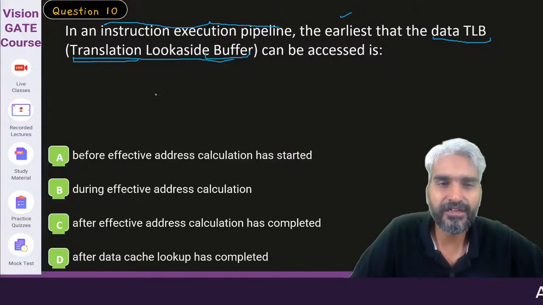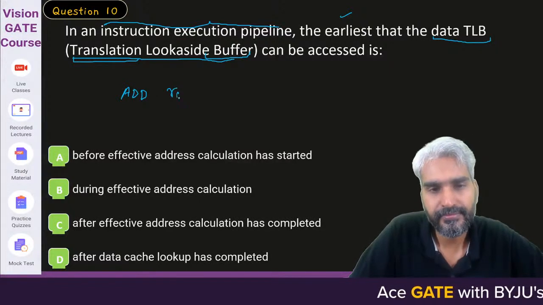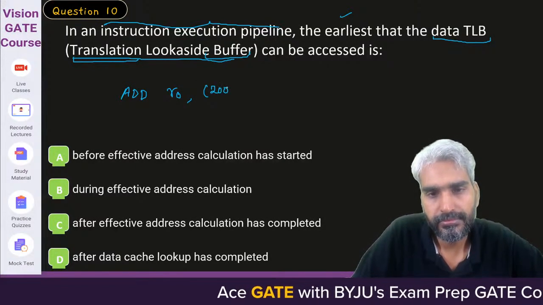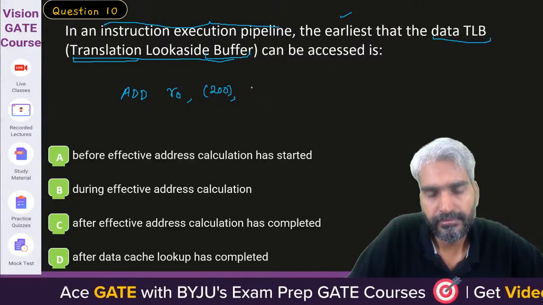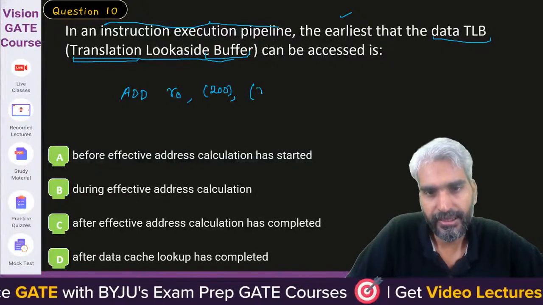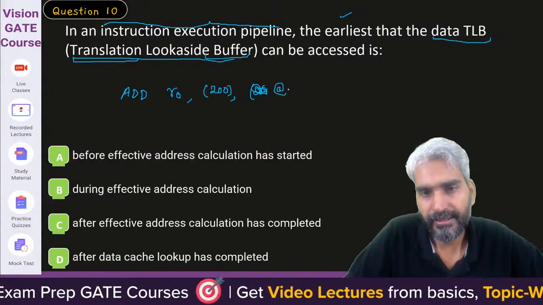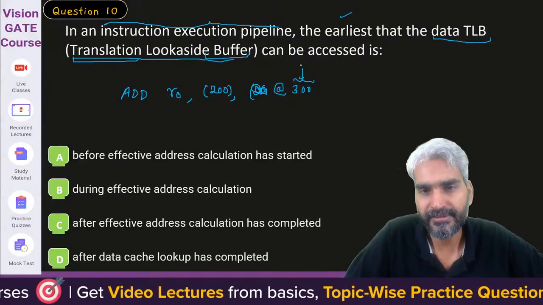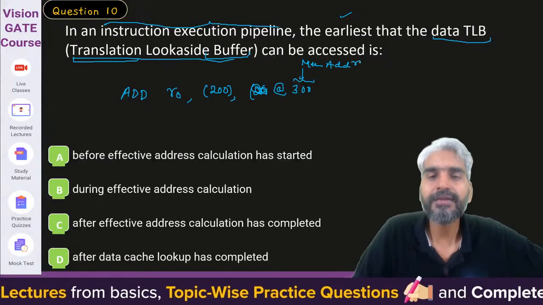In the instruction, let's assume I write it like this: add R0, 200, and @300, and this @ is nothing but a memory address.